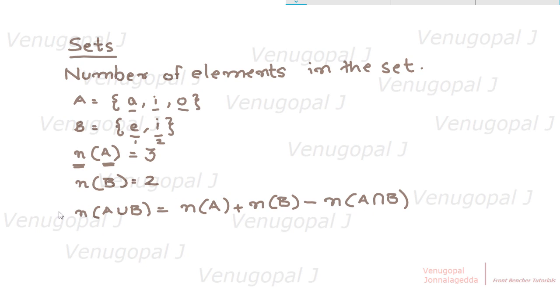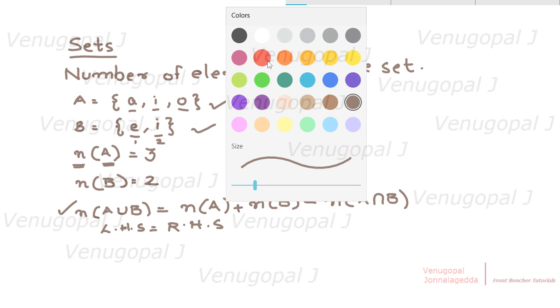Let's see if we can prove that the LHS is equal to the RHS using the elements of the sets which we have chosen. So A union B, let's put it here. I'll take a different color, red.